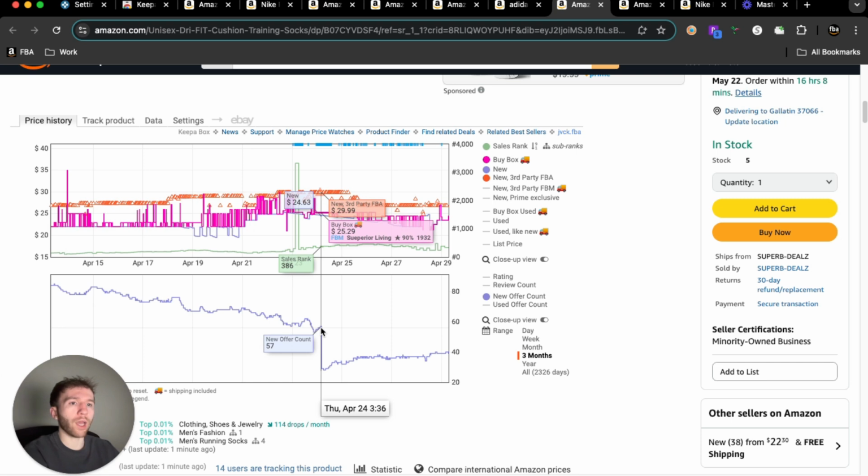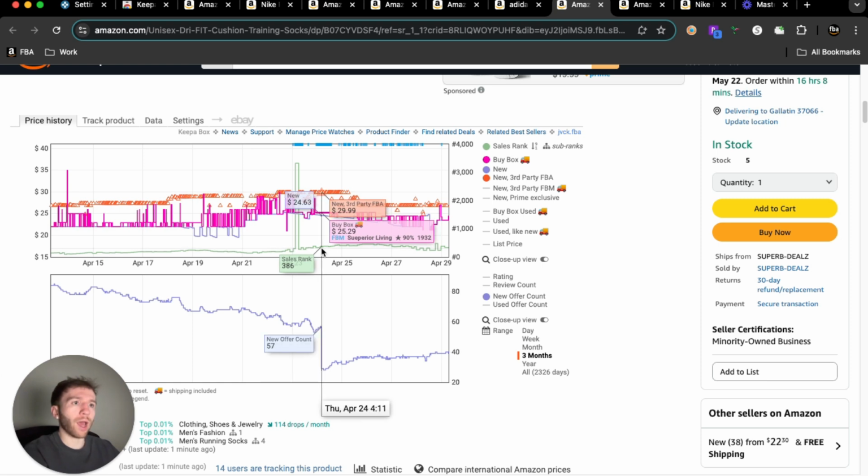There's no way that many people are selling out of a product that quickly, which this is a Nike product. And recently Nike did kick a lot of sellers off being able to sell their products after they hard gated their brand.